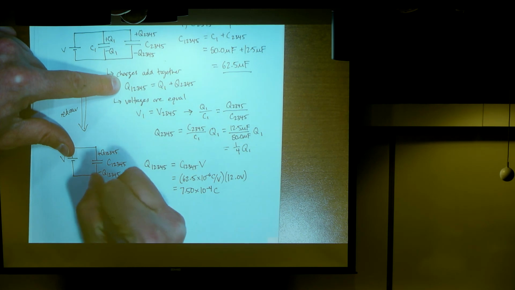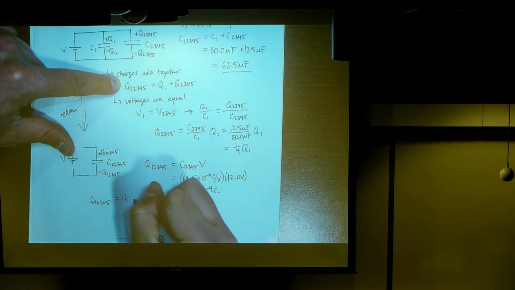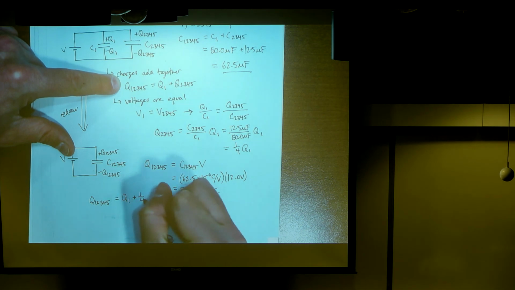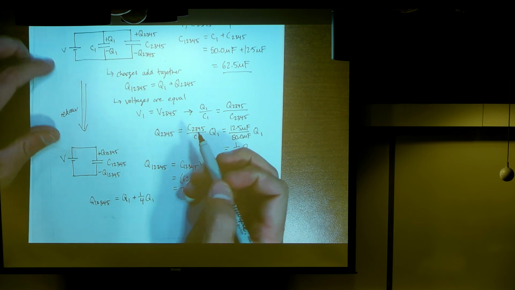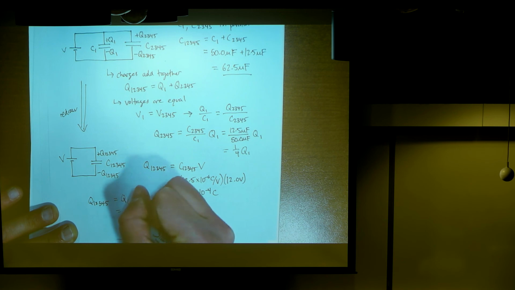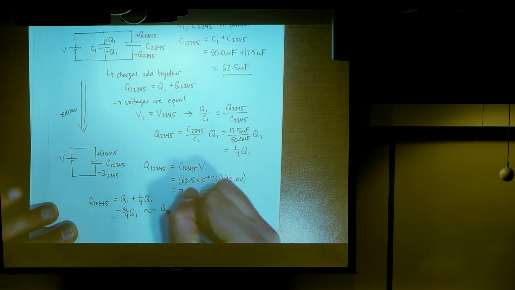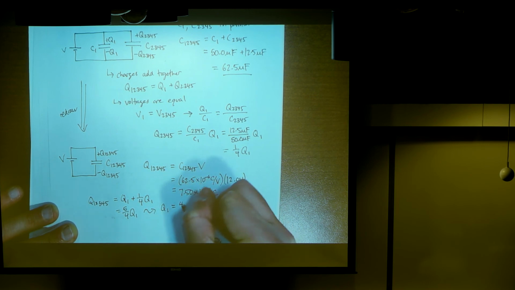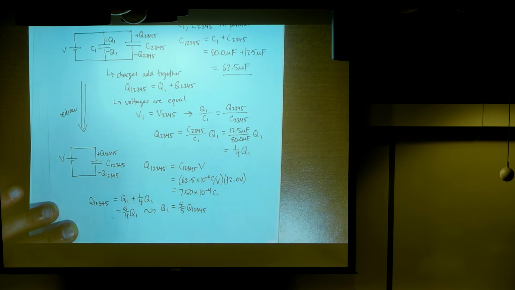And that gives me Q1, 2, 3, 4, 5 equals Q1 plus a quarter Q1. And that's just the same as saying 5/4 Q1, right? Which means Q1 is 4/5 of Q1, 2, 3, 4, 5. Make sense?